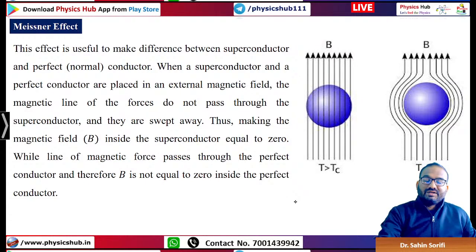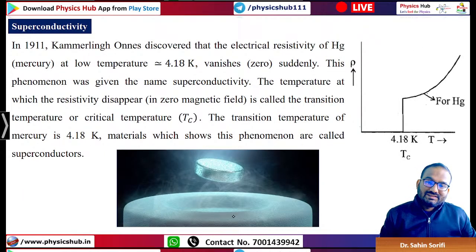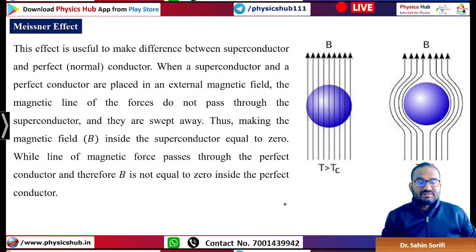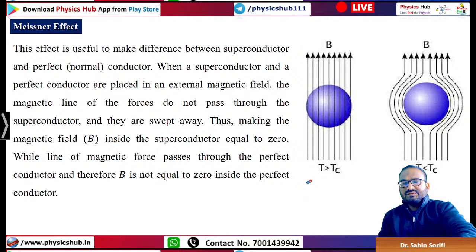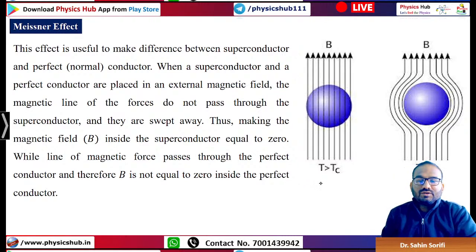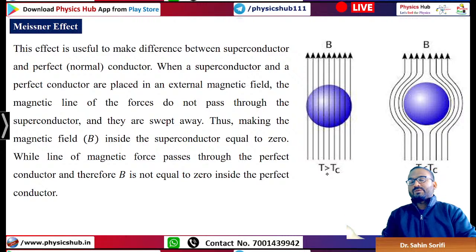Now the property which I just talked about, that it expels the magnetic field lines, this effect is known as the Meissner effect. As you can see, this is for the normal conductor. A conductor can behave like a superconductor under appropriate conditions.